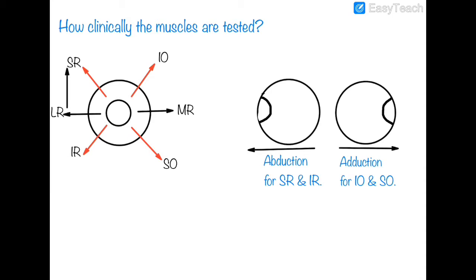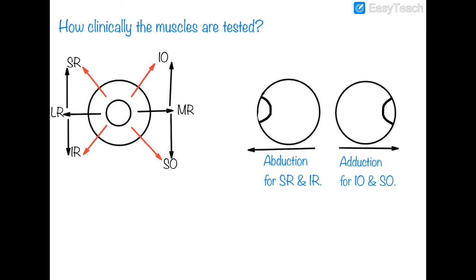Instead of looking out and in, he is asked to look out and then in, and similarly on the other side. So this is the actual path which the examiner asks the subject to follow, and not the one shown by the red lines. So how do they work?